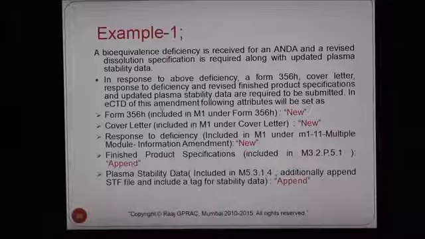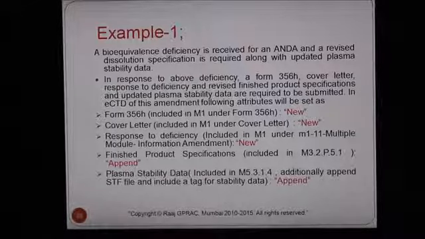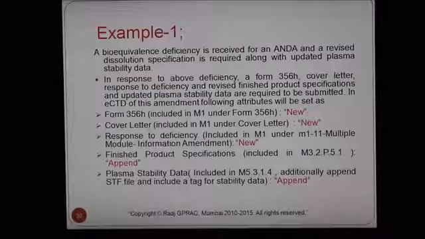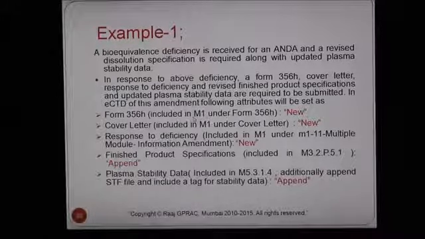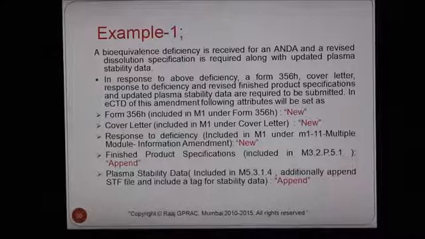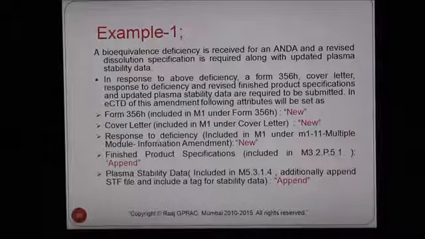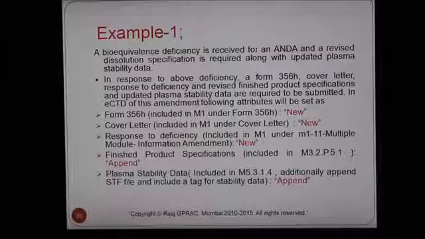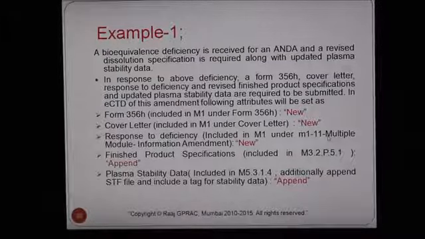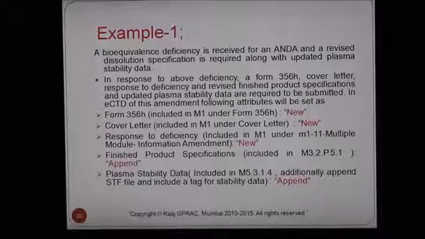In eCTD of this amendment, the following attributes will be set. Form 356H, since it is new, will be included under Module 1 by using the new attribute. Cover letter, again it is new, use the new attribute. Response to deficiency is included in Module 1 under 1.11, multiple module information amendment, use the new attribute.